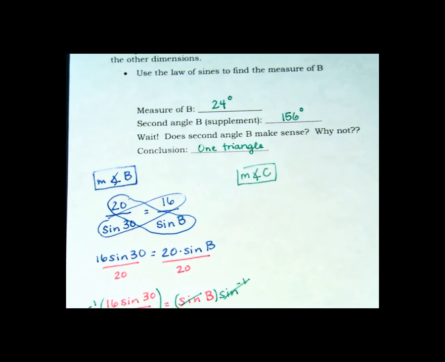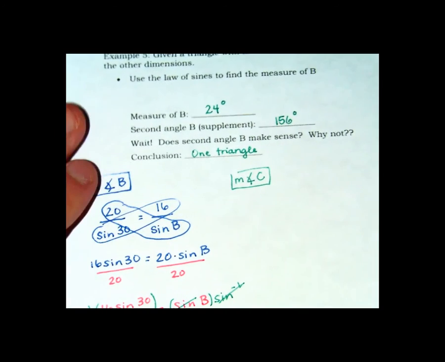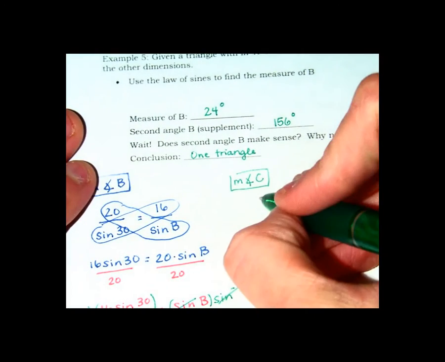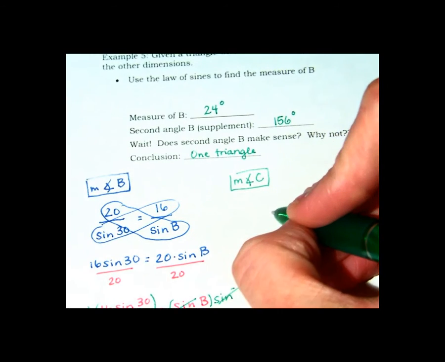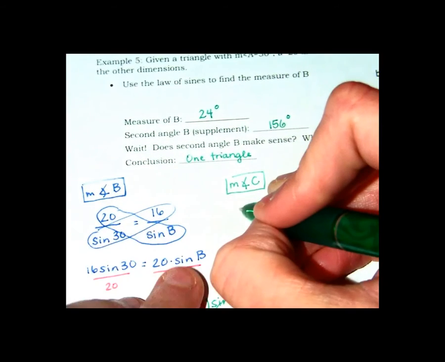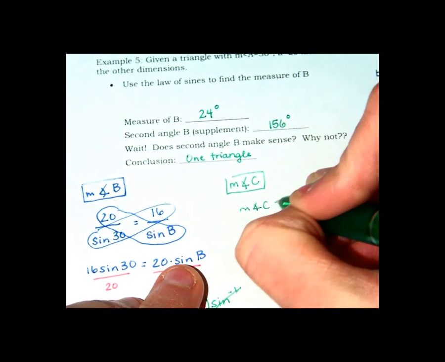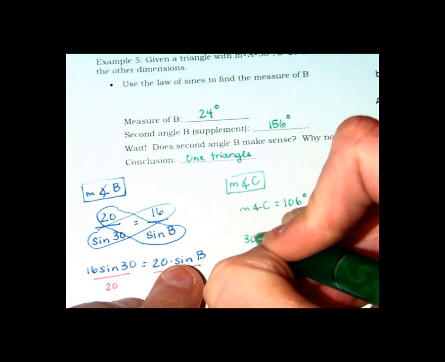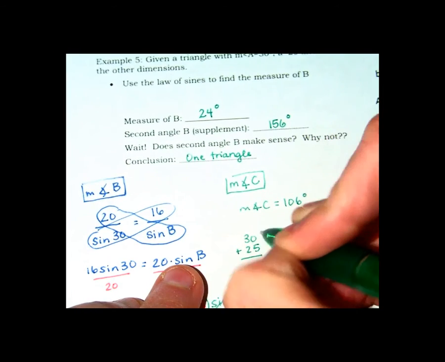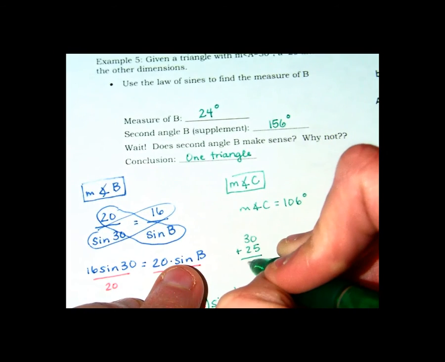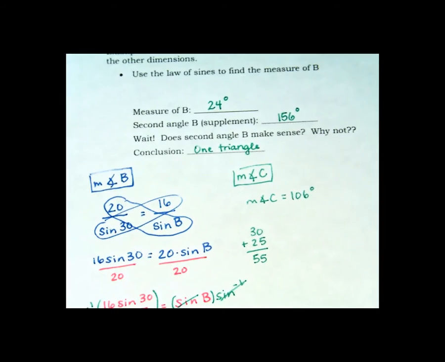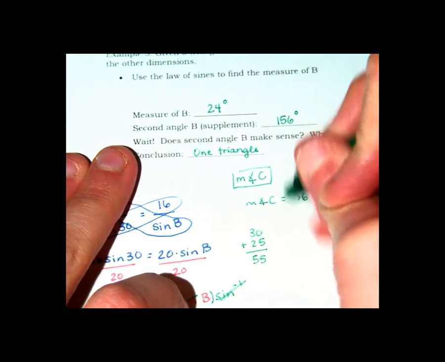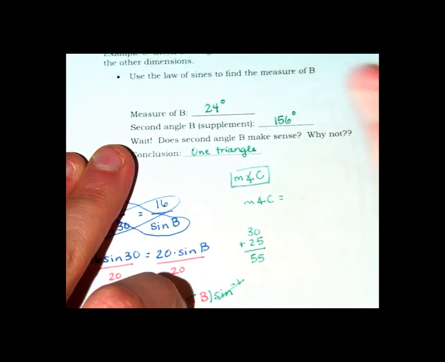If the measure of angle B is 24 degrees, what is the measure of angle C? Or how do you find it? 106? Okay, how'd you find it though? Yeah, so 30 plus 24, which is, so that's not 106.